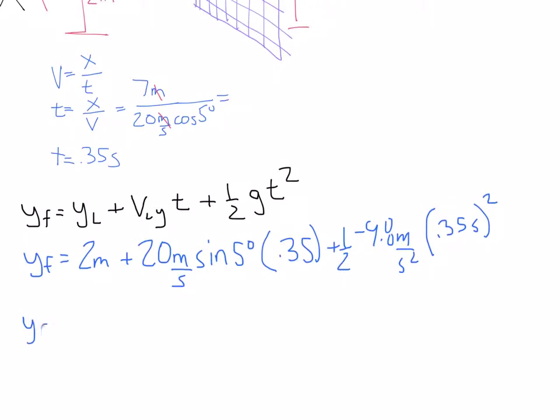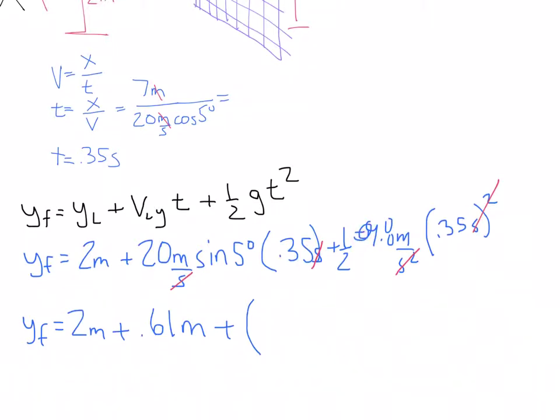We got y final is equal to 2 meters plus this whole thing here is equal to 0.61 meters. I forgot my seconds in there, because that will cause the seconds there to cancel. And notice here second squared and second squared is canceled. And this whole part right here gives us a plus, and it's going to be negative because of that negative right there.